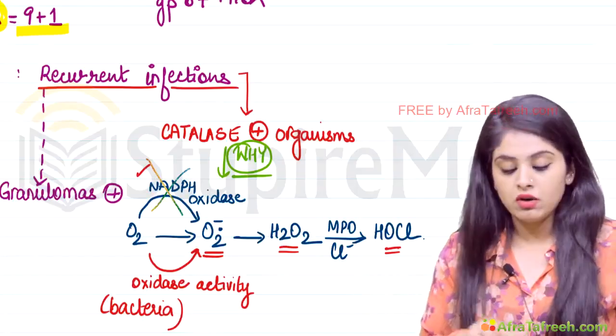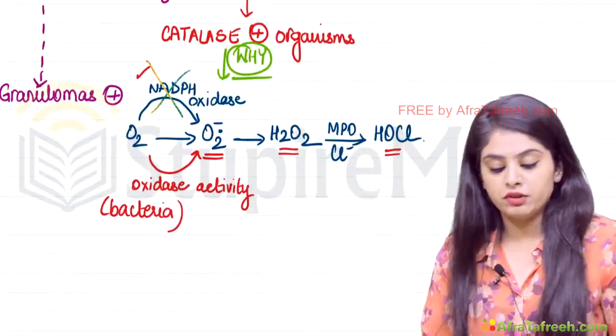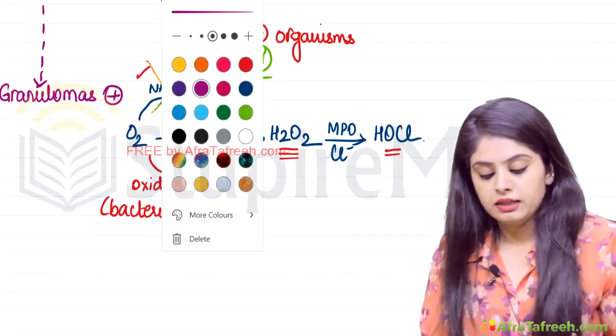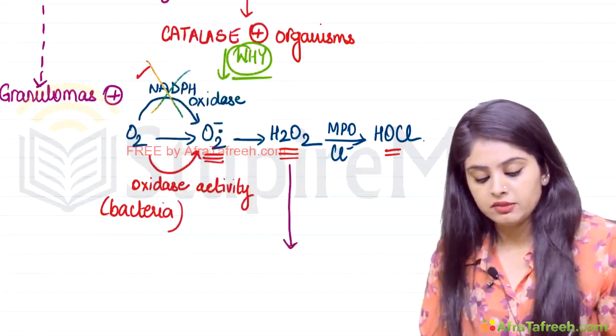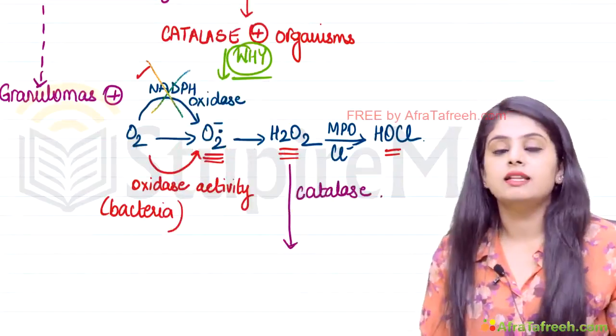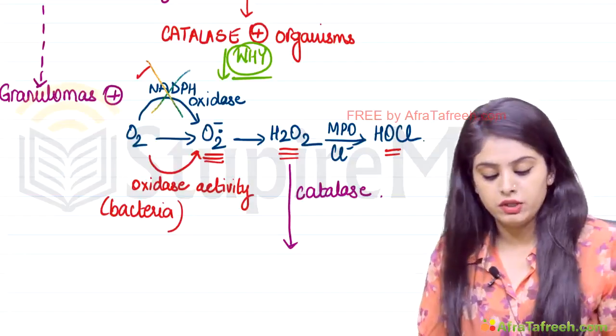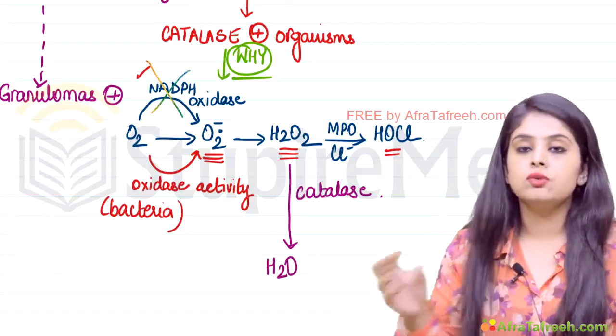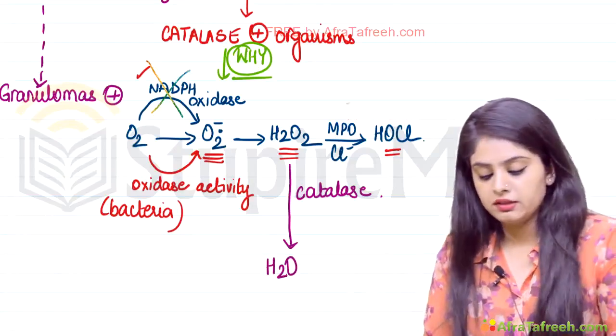Why? Because despite formation of superoxide, when H2O2 is formed, the catalase positive organisms are going to use their catalase and break down the H2O2 into water. So now, will this H2O2 later on form hypochlorous acid?